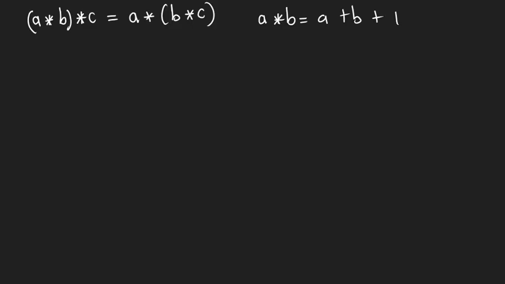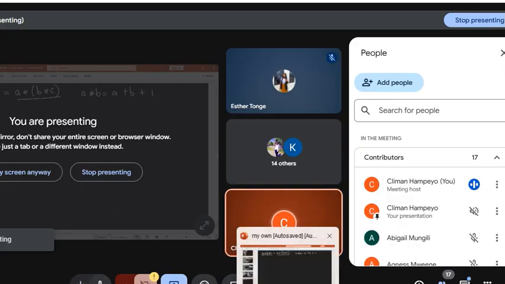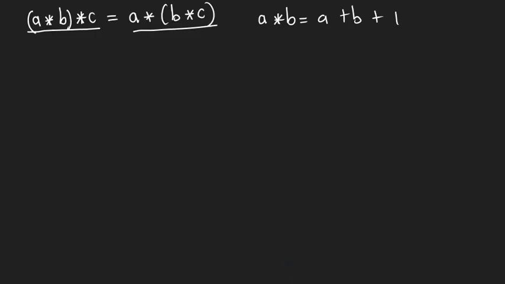If you do an operation on the left hand side, you also do an operation on the right hand side, and you should be getting the same thing. That's the whole essence of binary operations. They are very simple actually. So if you are to perform the associative law, how is it going to be? It will be very simple actually.